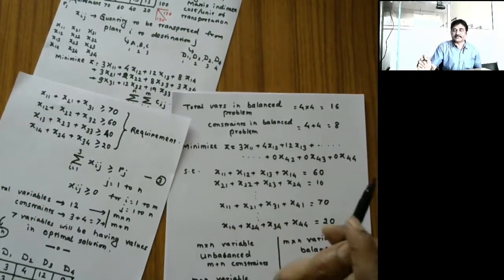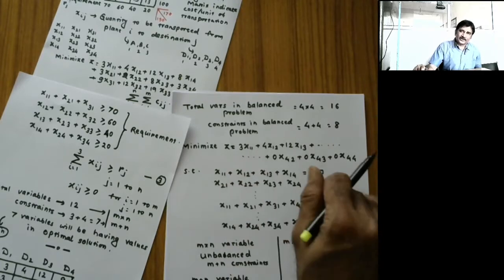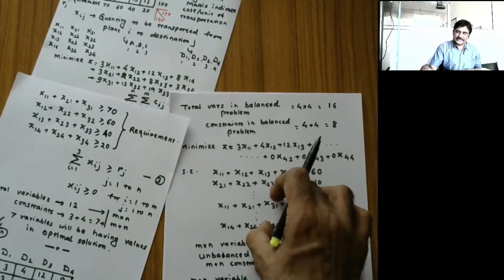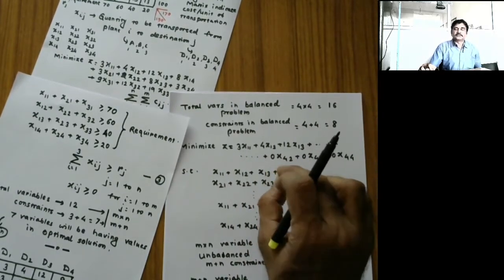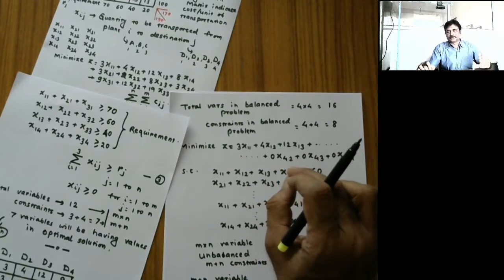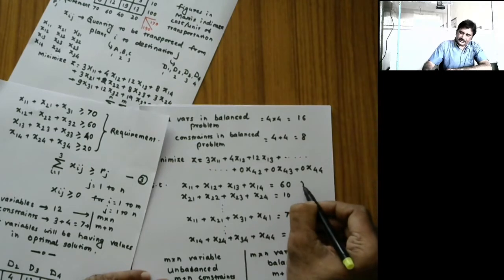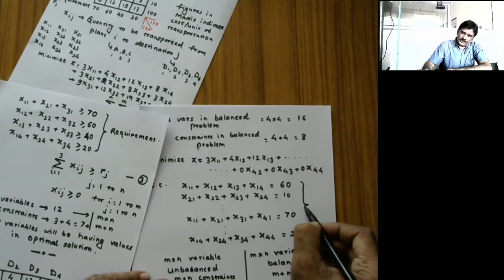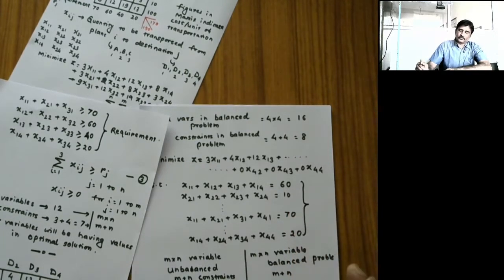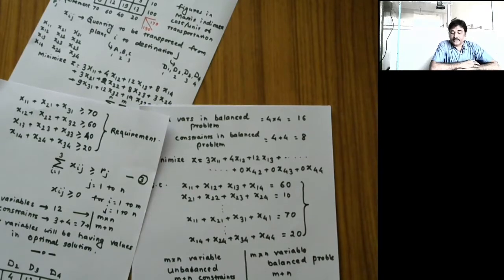You can eliminate it. If you remove any one of these 8 constraints, you will still get the same solution. So out of these 8 constraints, you can always eliminate one. Why can you eliminate it? The reason is that unknowingly you have taken one more constraint, and that constraint is balancing.